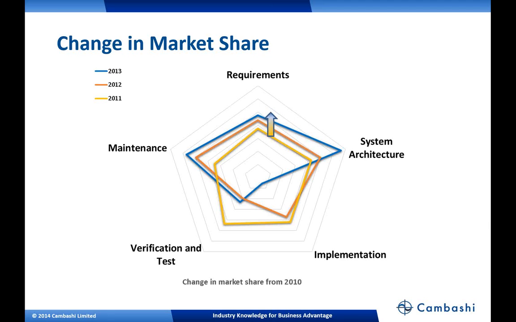But we can also put it into context of the other sectors. For example, maintenance and systems architecture categories have also increased market share, possibly even larger. But at the same time, verification and test and also implementation have both lost market share.